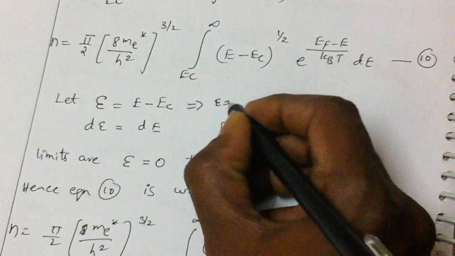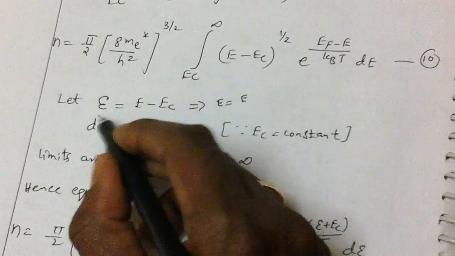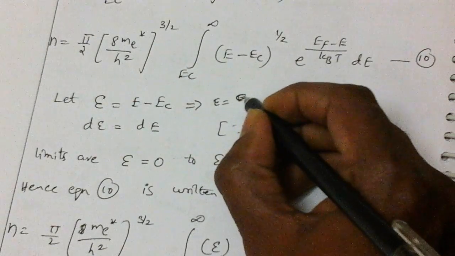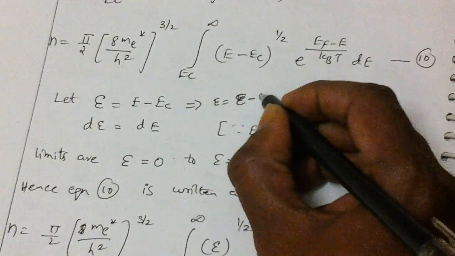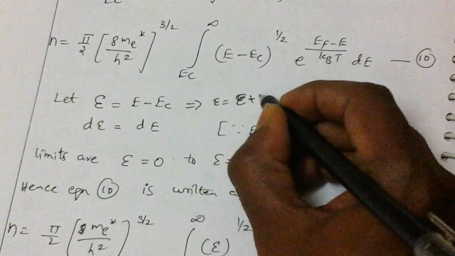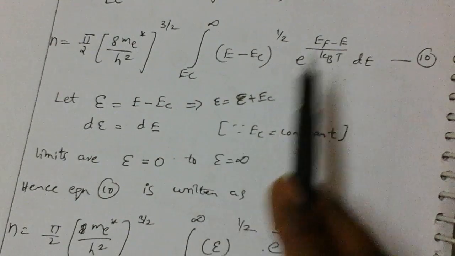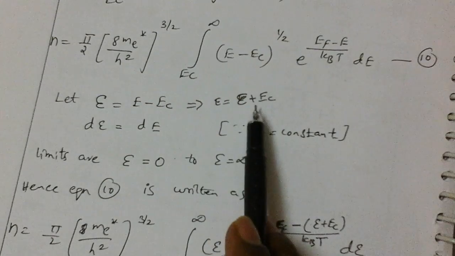E is equal to this value, if you send it to that side, plus E_c. From this equation we get the E value like this.